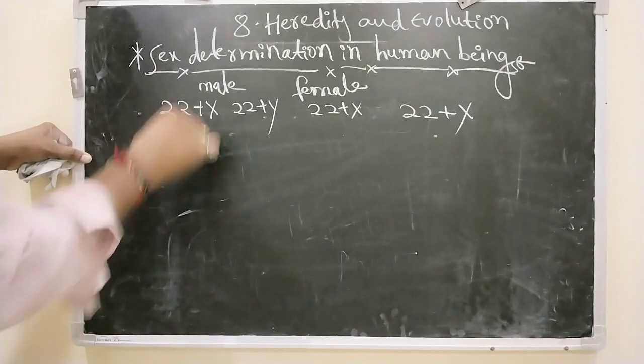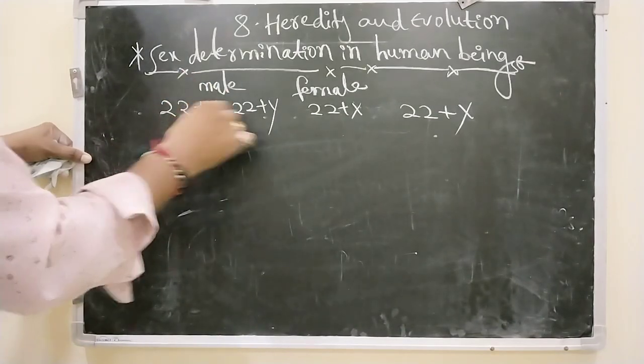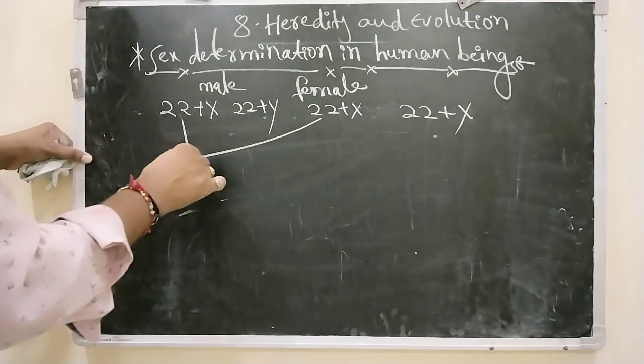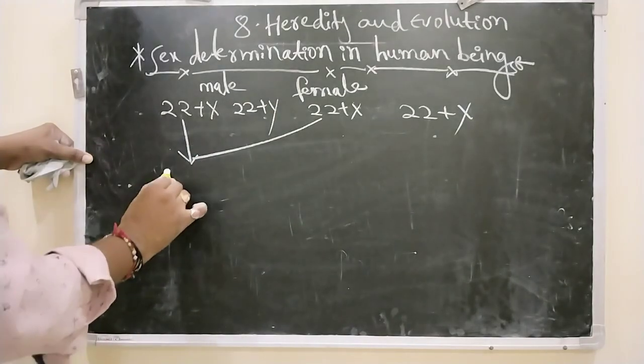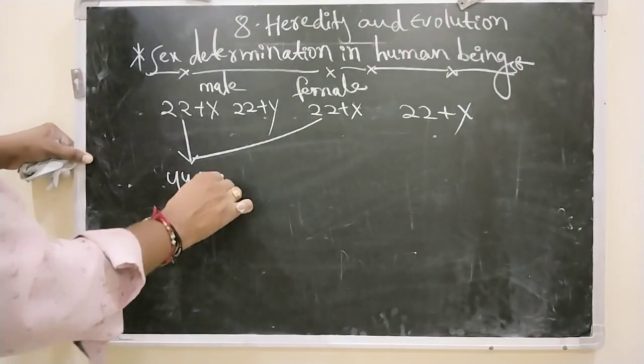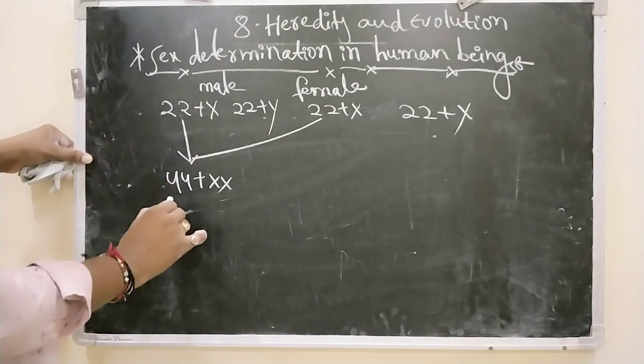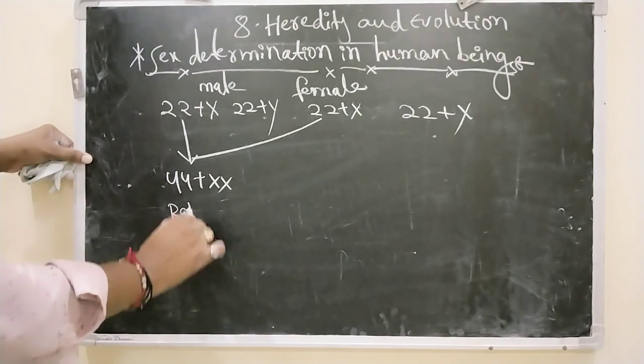If the sperm containing X chromosome fuses with the ovum, then the condition is 44 plus XX. As a result, the baby formed is a baby girl.